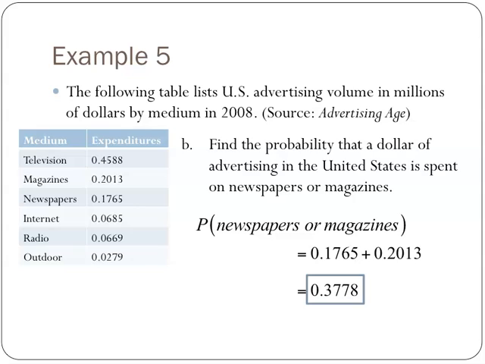Now in this case, we don't have to worry about double counting anything because there is no expenditure that is on both magazines and newspapers. There's no overlap here. So since these are what we call disjoint sets, we just have to add those two probabilities together. There's nothing that has been double counted.